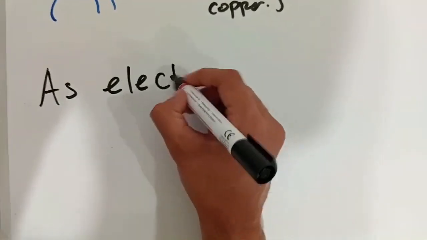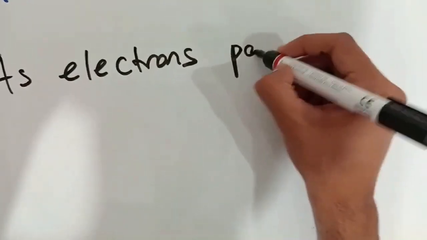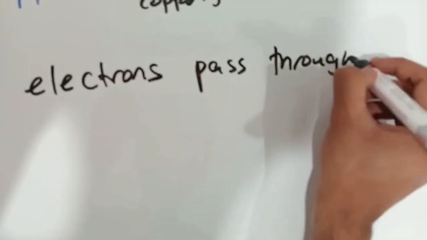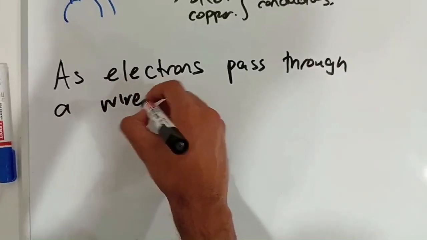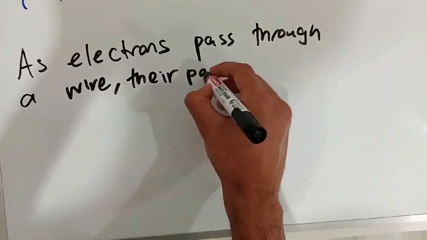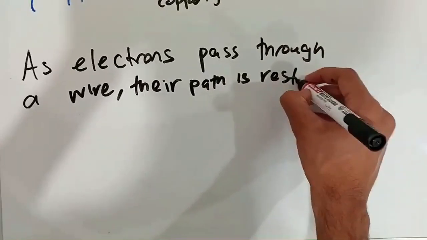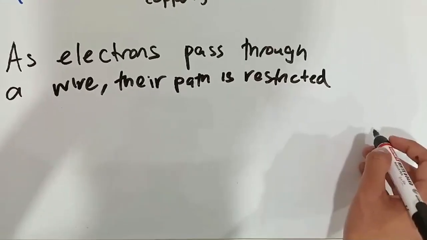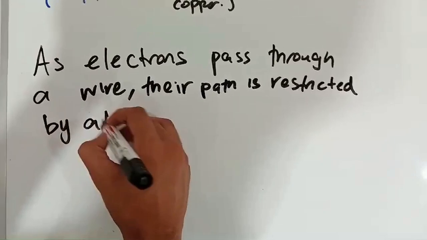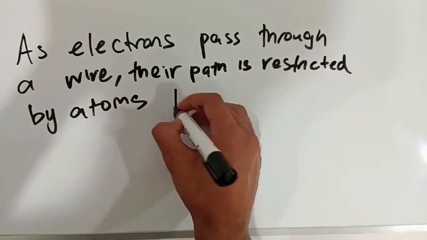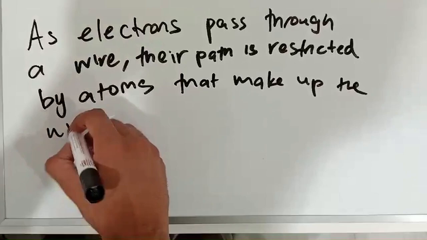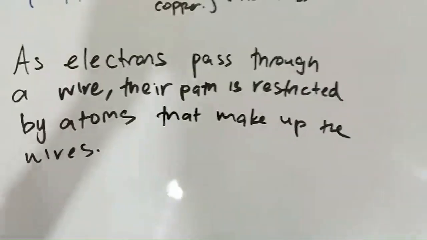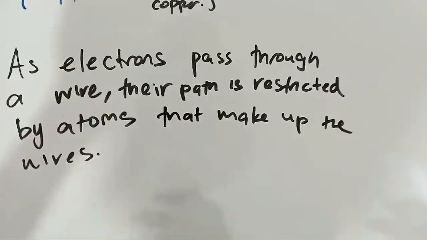So as electrons, this is something to note down, as electrons pass through a wire, their path is restricted by the atoms that make up the wires.